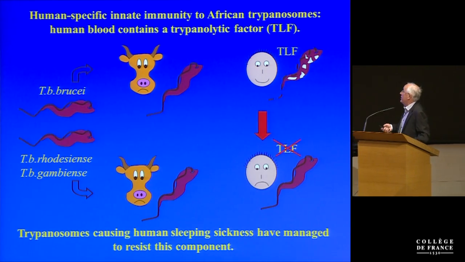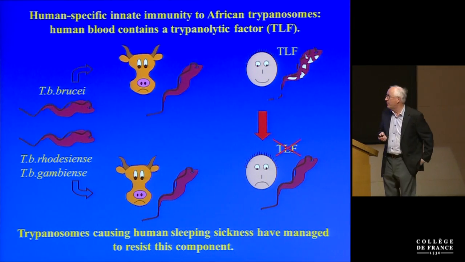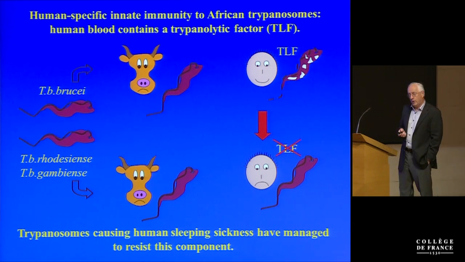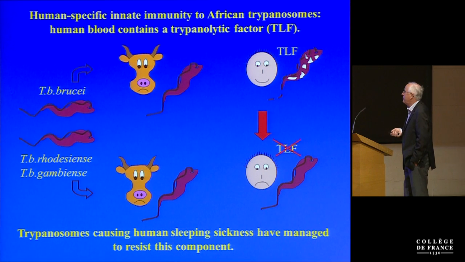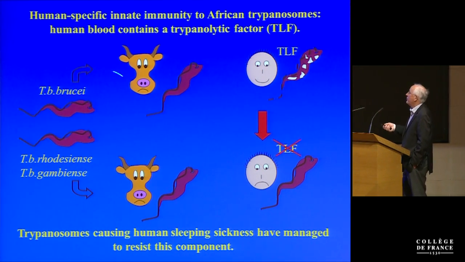And of course, the reason why some African trypanosomes can infect humans, where these parasites cause a disease called sleeping sickness, is simply due to the fact that two individuals from the prototype Trypanosoma brucei have evolved to resist TLF.